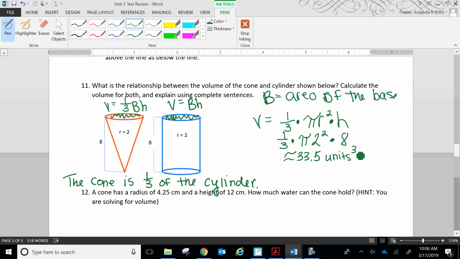And to find the volume of my cylinder, I know I'm doing area of the base times height. So in this case, I'm going to just do pi r squared for the area of my circle times 8. So I'm going to do pi times 2 squared times 8.